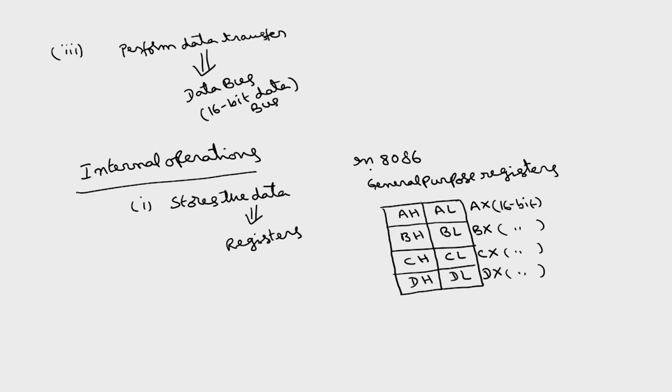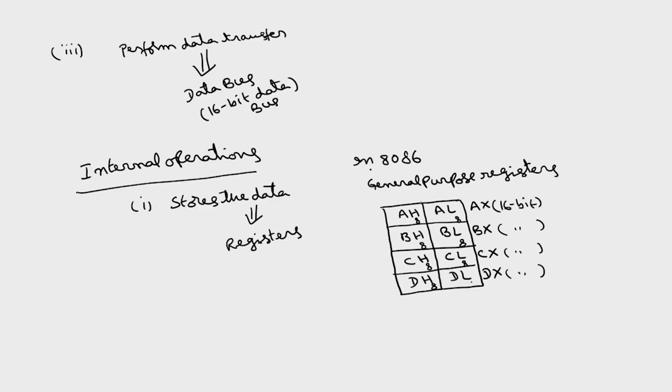In this, AH is the higher order 8 bits. Each one here is 8 bit. The higher order 8 bits of the AX will be stored in AH, the lower order 8 bits will be in AL. Similarly, the higher order 8 bits of BX is in BH, lower order will be in BL. The higher order 8 bits of CX is in CH, and lower order will be in CL.